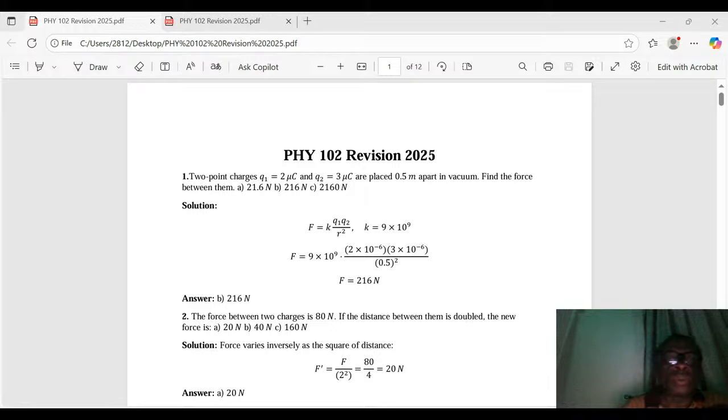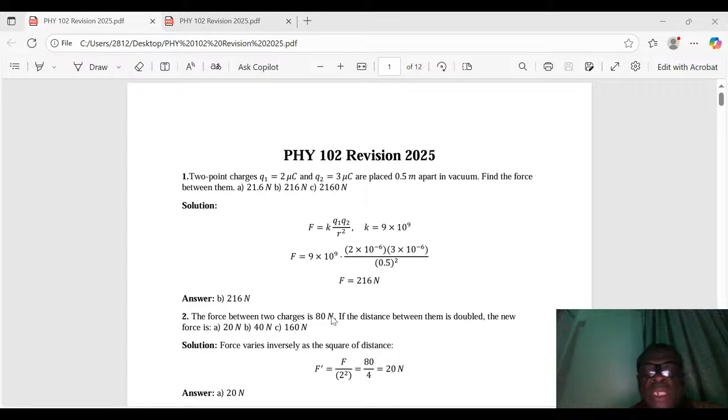Okay, so we'll start right away. We have about 60 questions to look at. So, based on the curriculum, question one, 2-point charges Q1.